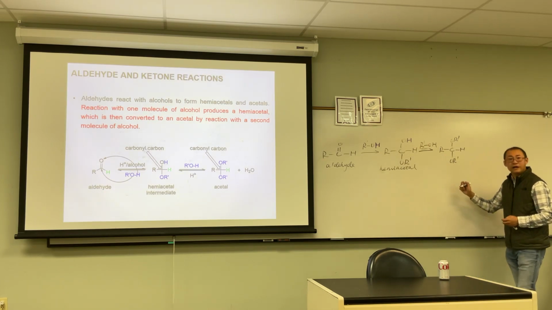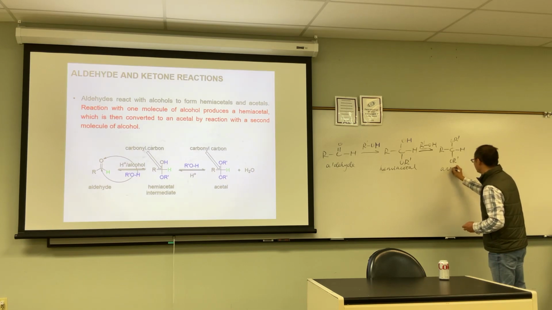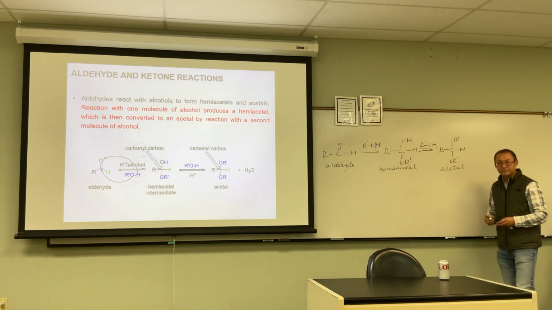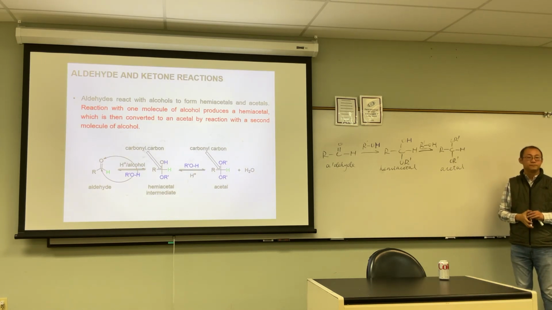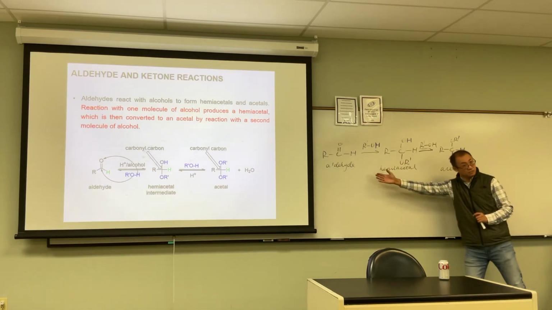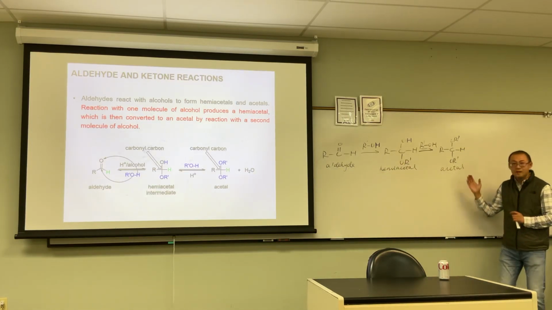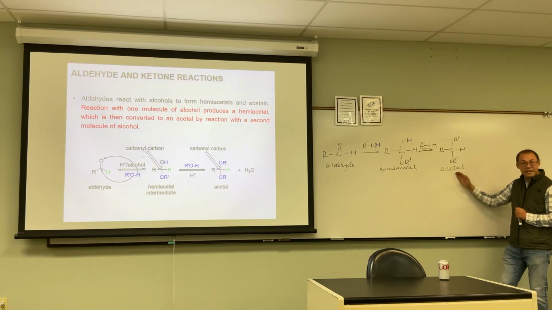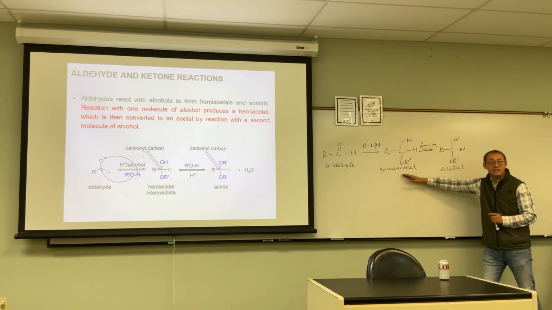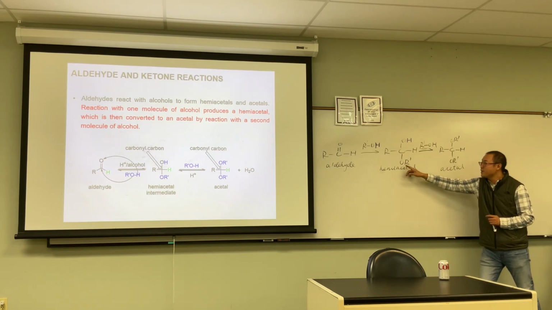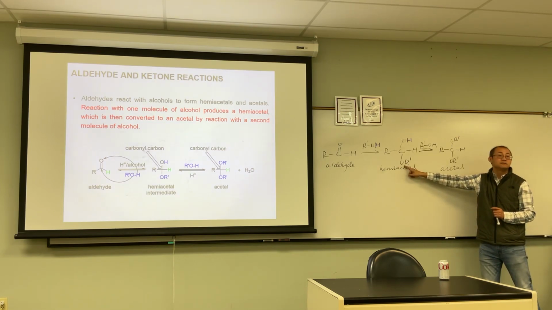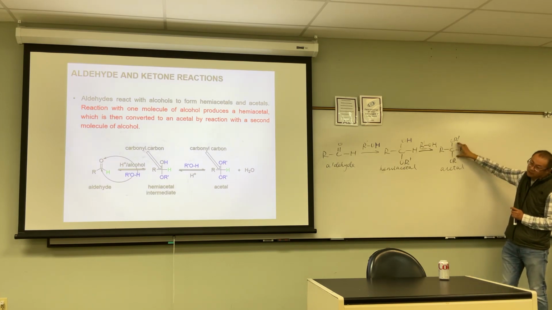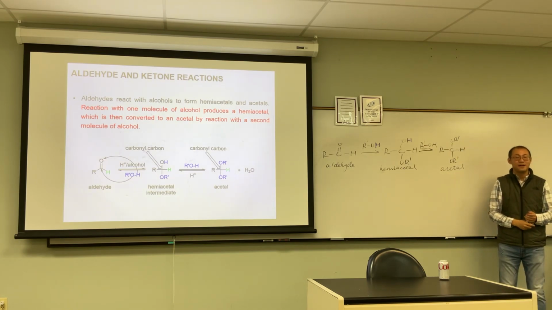And the final product is called acetal, no hemi. So aldehyde gives acetal. The difference between these two is that hemiacetal has only one alcohol added. Acetal has what? Two alcohols added.